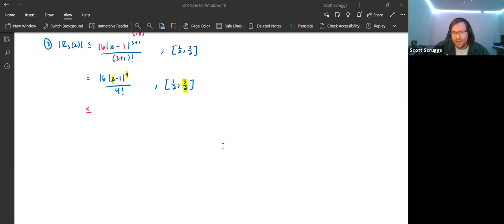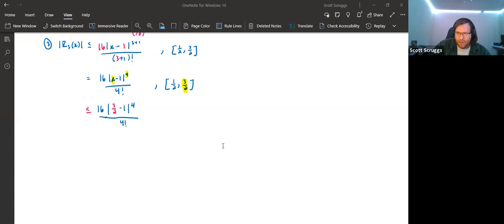So for my next line, I replace the equal sign with a less than or equal sign and plug in 3/2 instead of x. Minus 1, to the 4th, over 4 factorial. And now we try to simplify as much as we can.